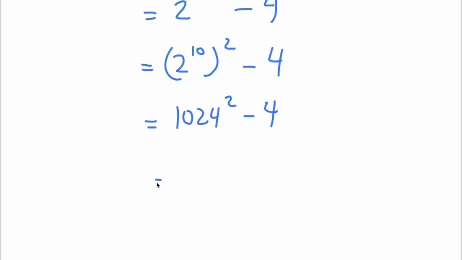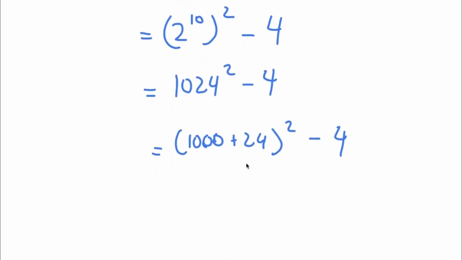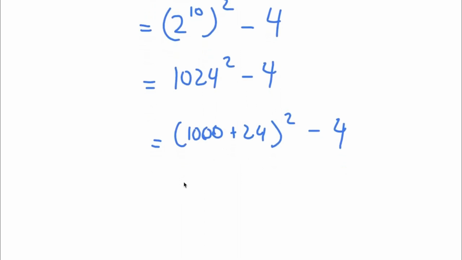Now 1024, I can rewrite this as 1000 plus 24. So now I have 1000 plus 24 to the power of 2 minus 4. Now, if I have something in the form a plus b squared, this is equal to a squared plus 2ab plus b squared.